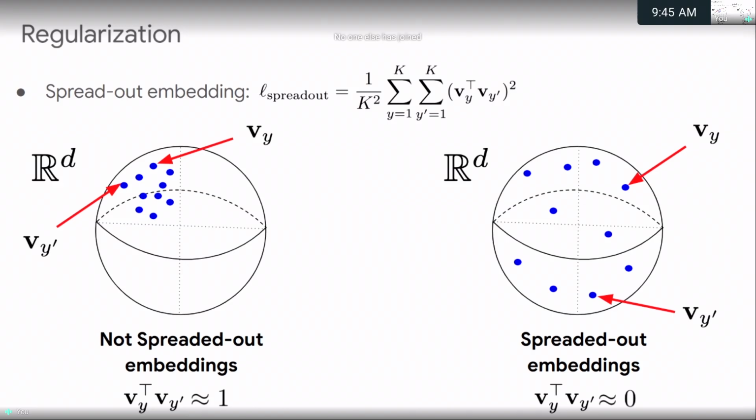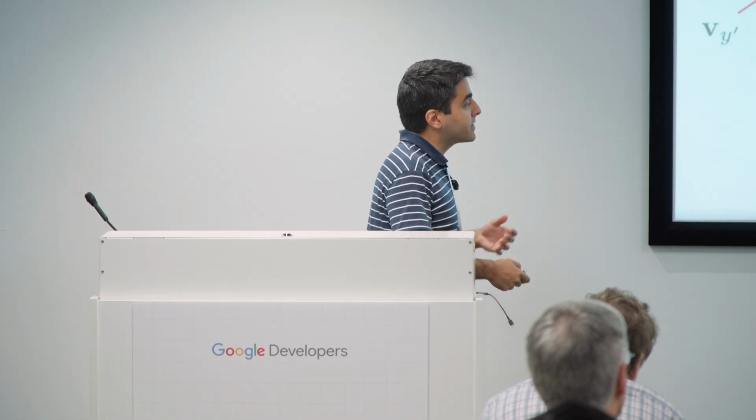So what will happen if these two label embeddings are pretty much close to each other? Then the inner product of them is going to be close to 1. And when this is close to 1, the regularization loss that we have is going to increase. So instead, we add this loss function to encourage the label embeddings to be far apart from each other, to be widespread over all the space that we have on the surface of the hypersphere.